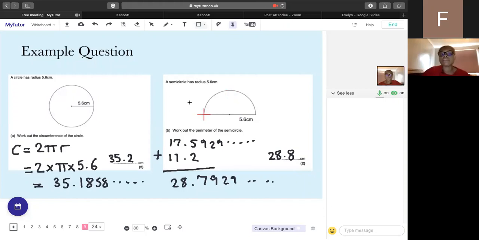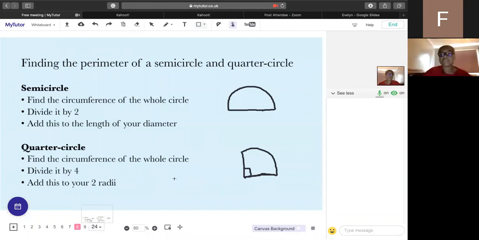Now remember, we just calculated the circumference, so all I would have to do is half it, because this is a semicircle. Some of you were asking about the quarter circle. It works in a very similar way. If I just want to work out the arc here, then I would just divide it by 4. If I want the perimeter, I have to add the radius as well.